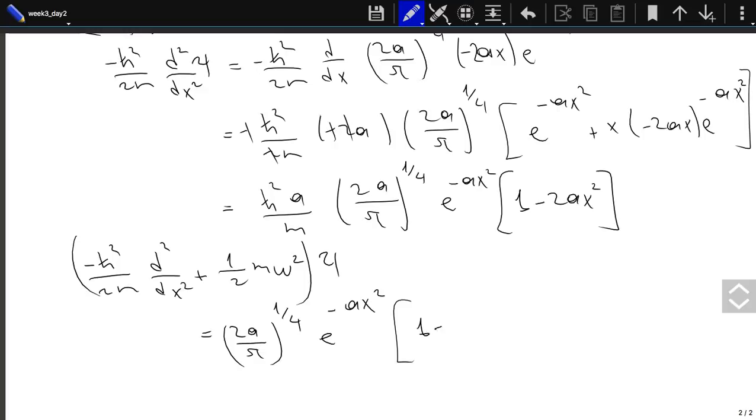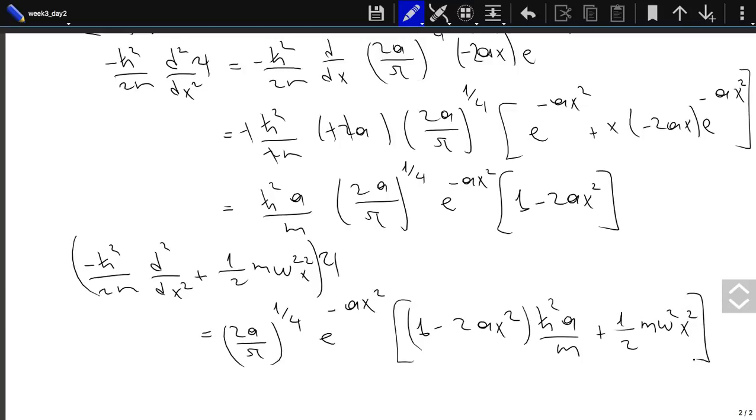And from the kinetic term we have (1 minus 2a x squared) times h bar squared a over m, and then plus 1/2 m omega squared x squared.